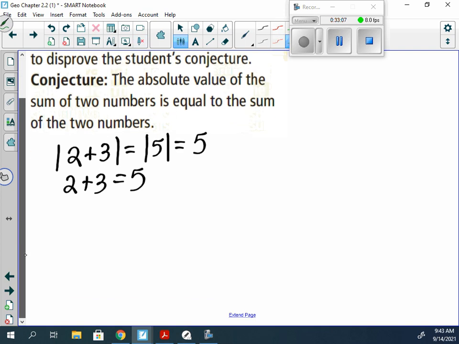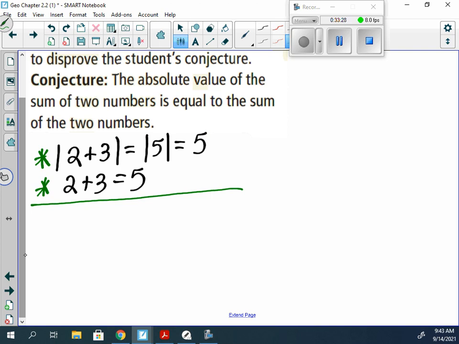What would be a counterexample to this? The absolute value of the sum of two numbers is equal to just the sum of two numbers.